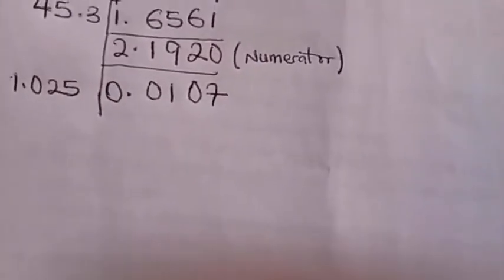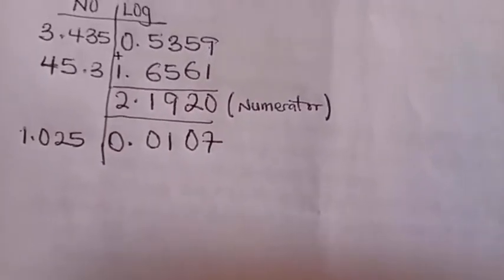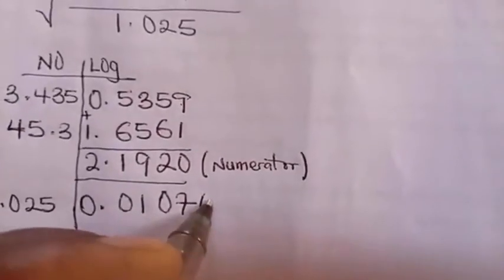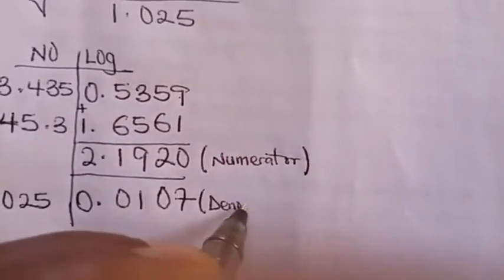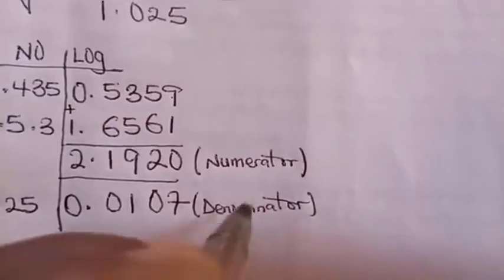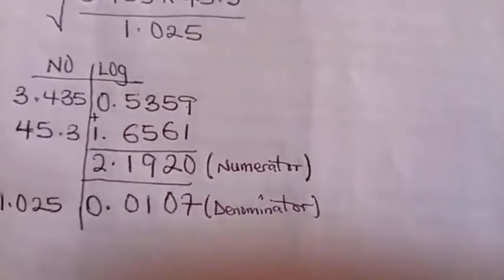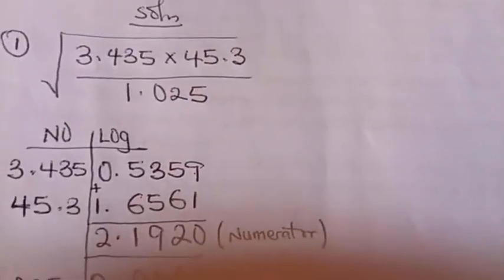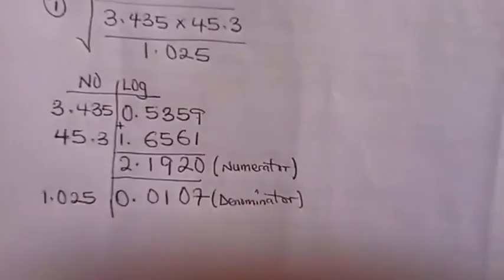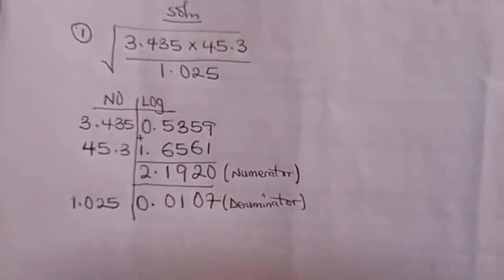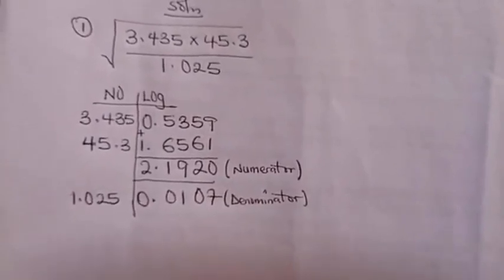So that's how we got the logarithm of 1.025 to be 0.0107. This is now our denominator. And when you have a fraction in logarithm, you have to subtract the logarithm of the denominator from that of the numerator.